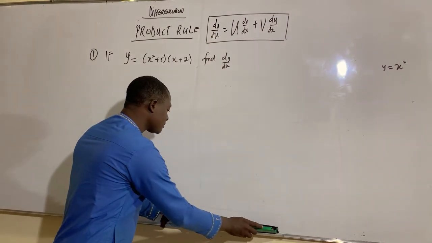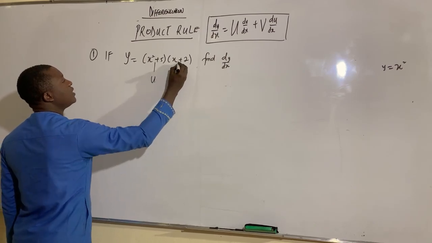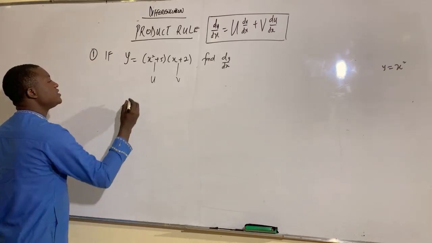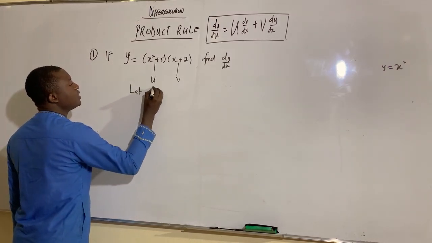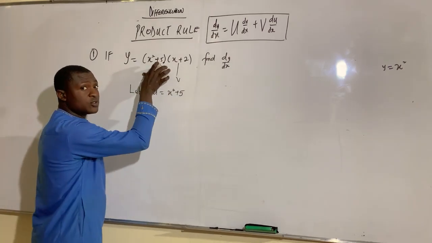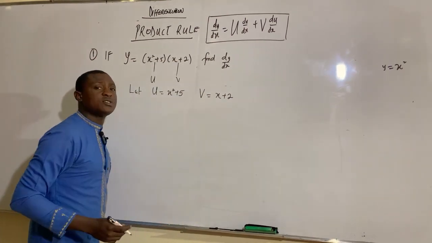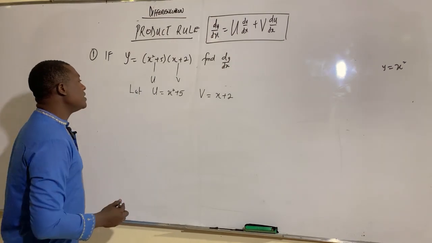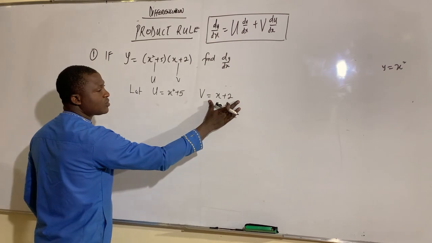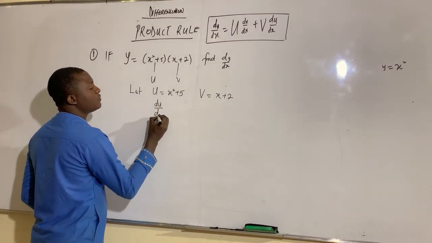In a simple way, I will let this first one be u, and I will let the second one be v. I hope you are getting this right. So let u equal x squared plus 5, as in the first one, and let v be equal to x plus 2, which is the second one. Are you following? Now the next step is I will differentiate the first one and I will differentiate the second one as well. So for u, here we have du/dx.